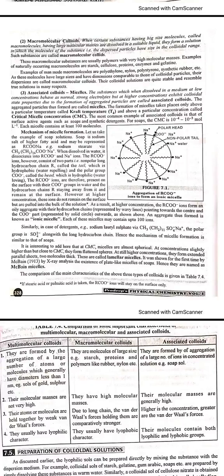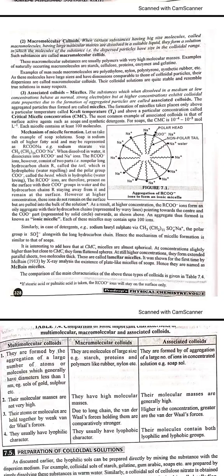The RCOO- ions, however, consist of two parts: the non-polar long hydrocarbon chain R called the tail, which is hydrophobic, that is water repelling, and the polar group COO- called the head, which is hydrophilic, that is water loving. The RCOO- ions are therefore present on the surface with their COO- groups in water, and the hydrocarbon chains are staying away from it and remain at the surface.